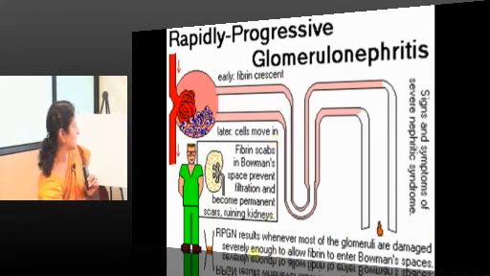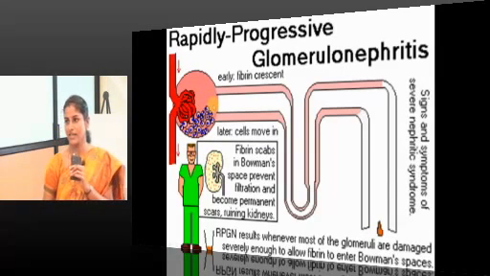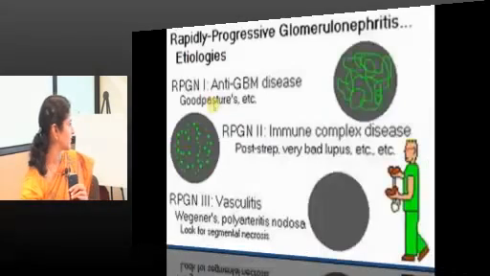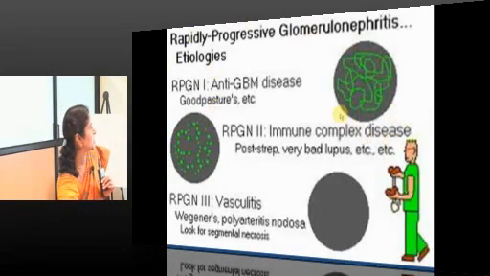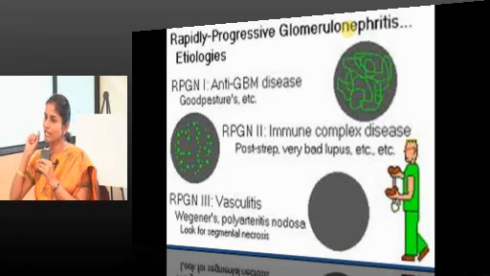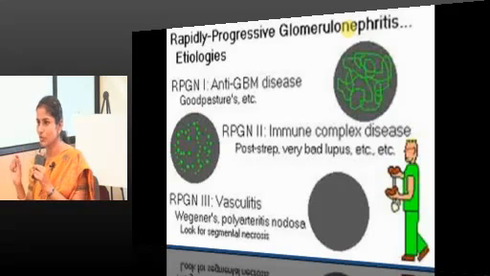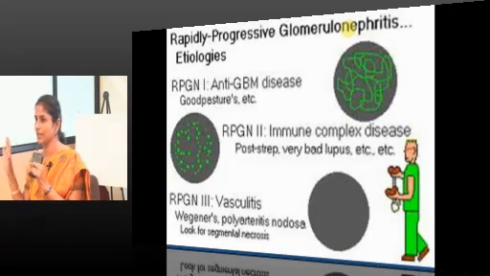This is RPGN, you can see some pathologies rupture the GBM, causing leakage of cells into the extracapillary space. So, this is the picture in type 1. You know, in type 1, the antibodies are uniformly attacking the entire GBM. So, you can have linear deposition of antibody along the entire capillary wall.